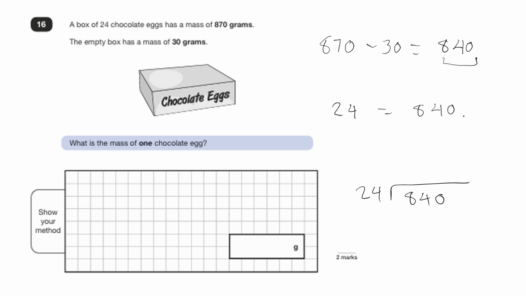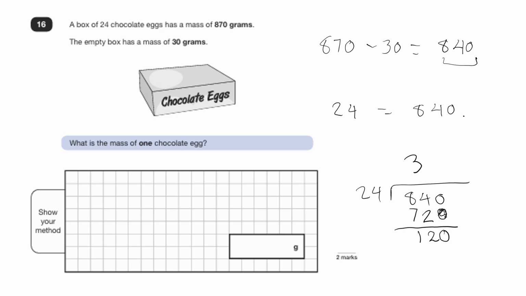So now that 24 times 2 is 48, and 24 times 3 is 72. So I'm going to put that down here, and I'm going to put 3 up there. So we end up with 120 left.